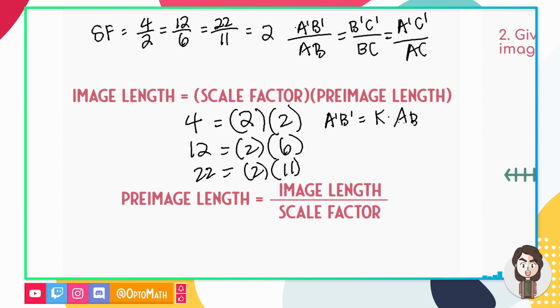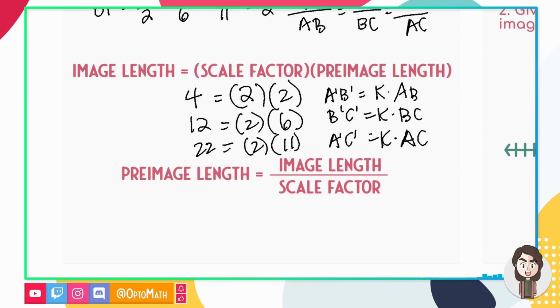And we've seen this notation several times before. We've got B prime C prime equals K times BC, and A prime C prime equals K times AC, where K is the scale factor. In this case, we know it's 2.